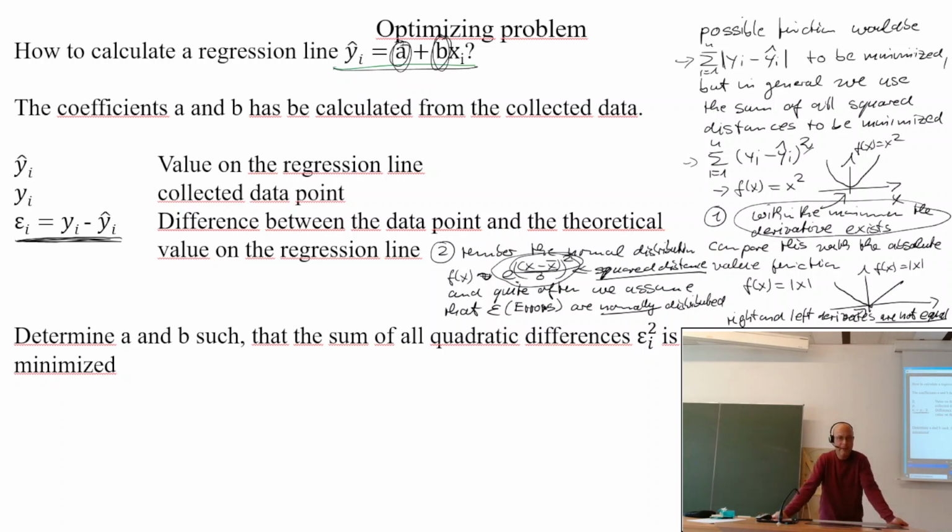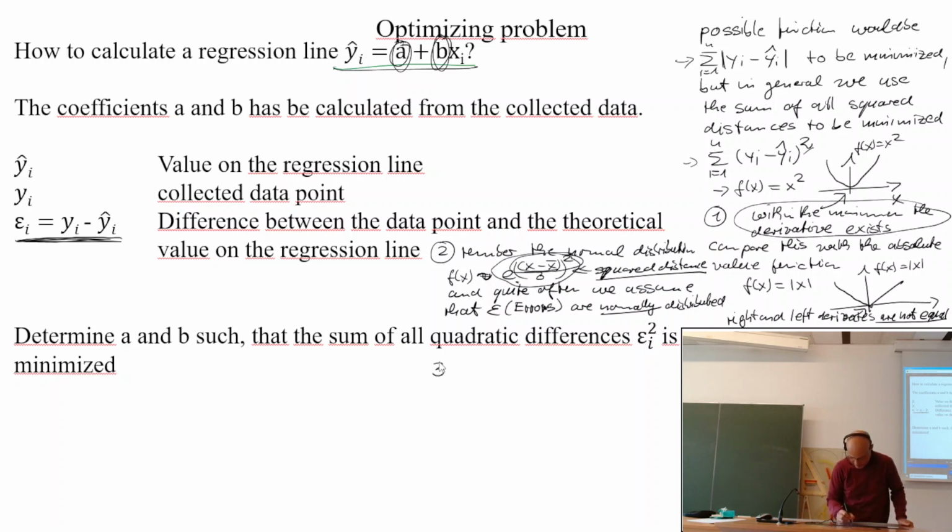But when the guy who has the maximum likelihood topic, then there's also the reason that if the errors are normally distributed, then the maximum likelihood estimator is just the best estimator with the squared distances.